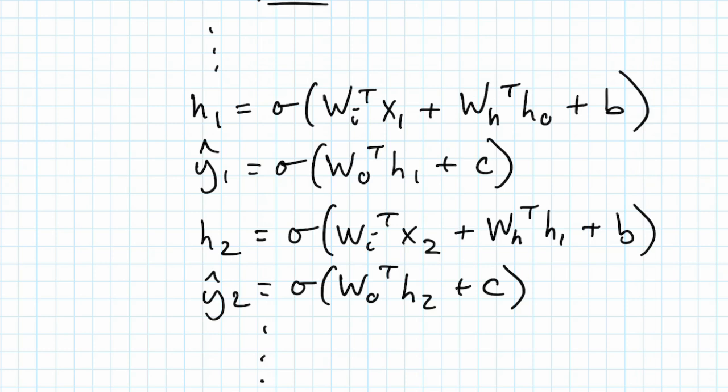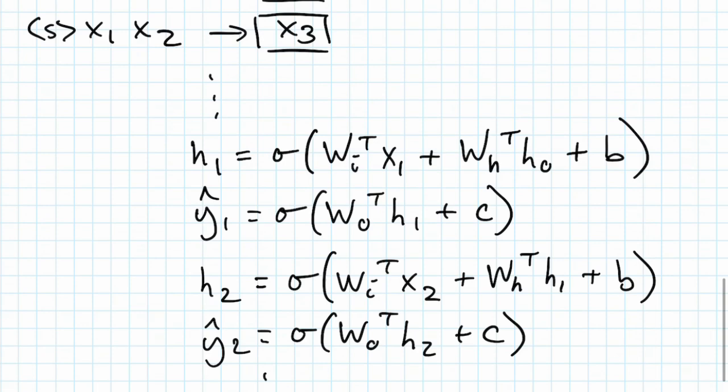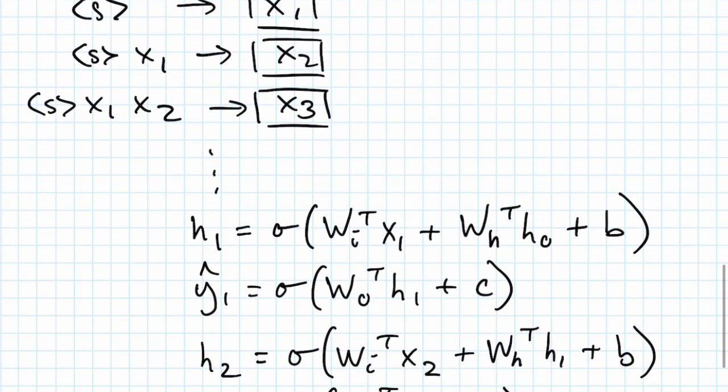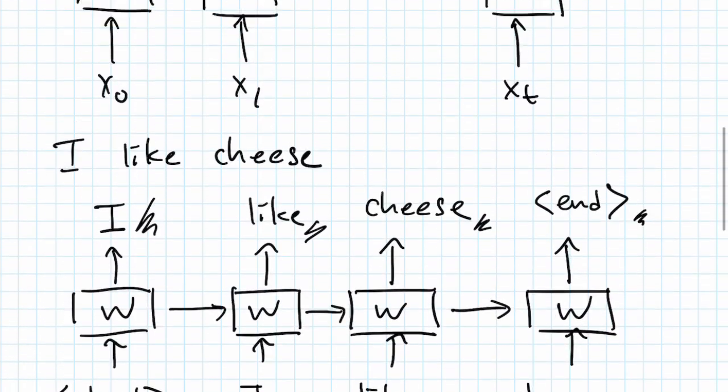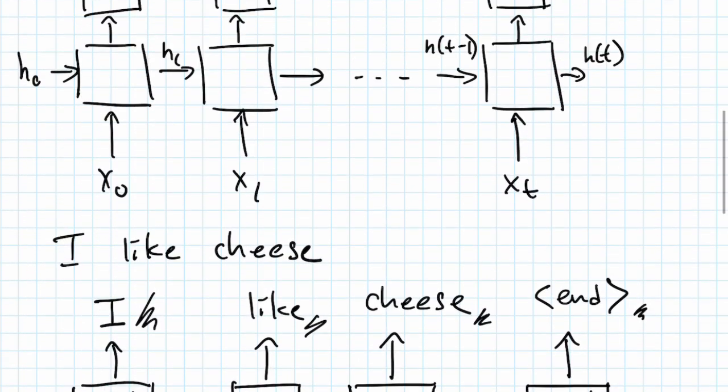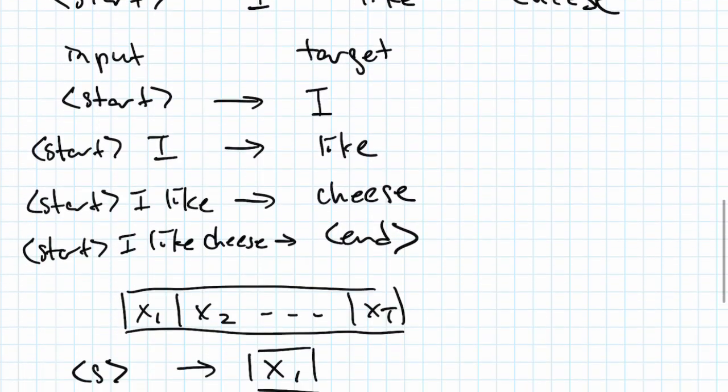So you should convince yourself that these same calculations take place no matter which architecture you use. And I realize I may have just changed how we represented the x's. Here I started from x1, and up there I started from x0. Unfortunately it's a little inconsistent, but hopefully you still get the idea.